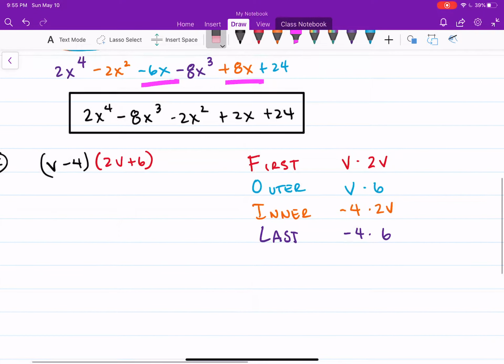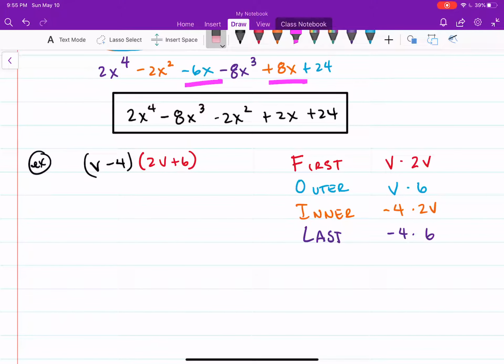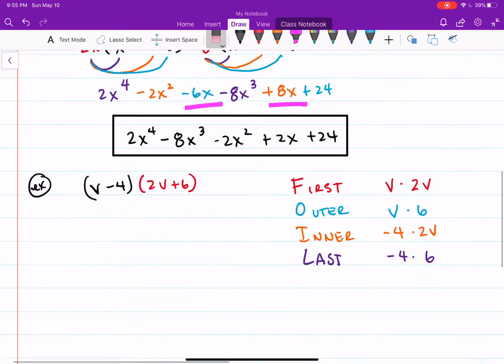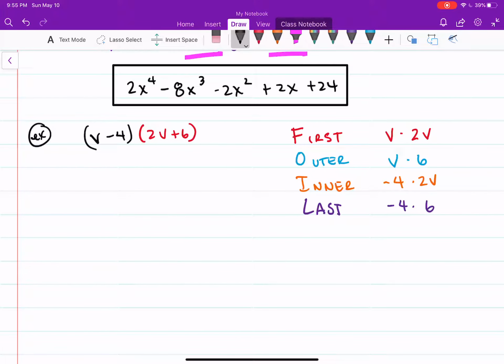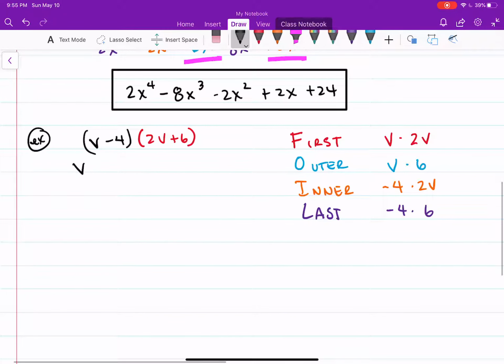All right, so that is what the values I would have if I was doing FOIL. But I'm going to show you what double distributing would look like, right? Which is exactly what we did up here. So I would write the first term, v, and multiply it through with the 2v plus 6. Then take the negative 4 and multiply through with the 2v plus 6. Okay?